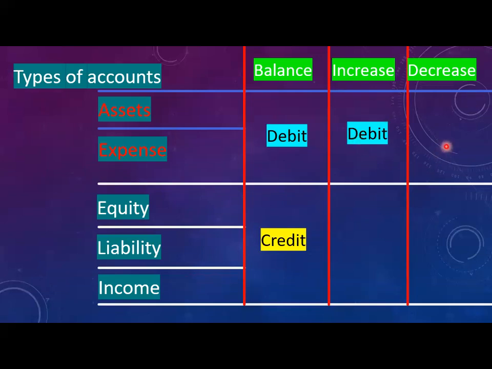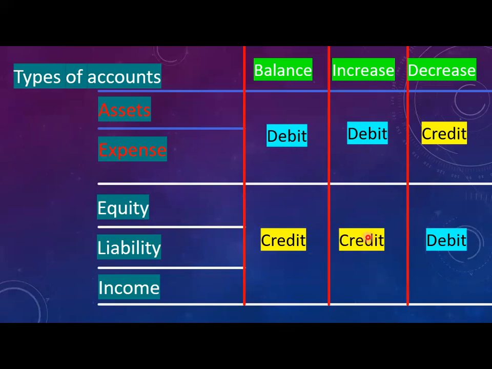Credit. You can fill the table. It won't be debit, right? Debit, debit, credit. Here, credit, credit, debit. Opposite. Debit, credit, debit, credit; up and down I am talking. You see the difference?